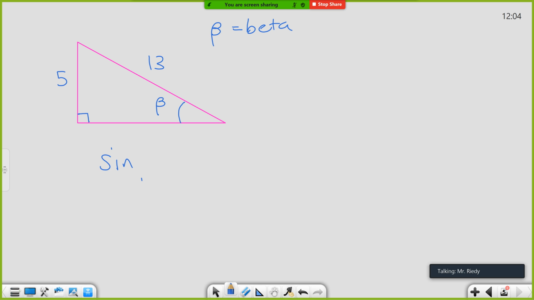The sine of the angle, which I don't know, is beta, is equal to the opposite side over the hypotenuse. There's a reason why I left a gap there between the equal sign and the 5/13. I'll get to that in a second. Okay. Before I go any further, any questions? This is just what we did. The only difference is I don't know the angle measure, so I just put beta in there for the angle. So we're good to go.